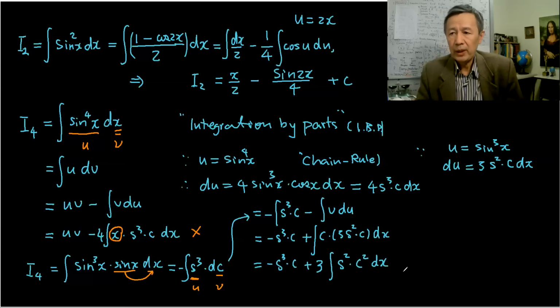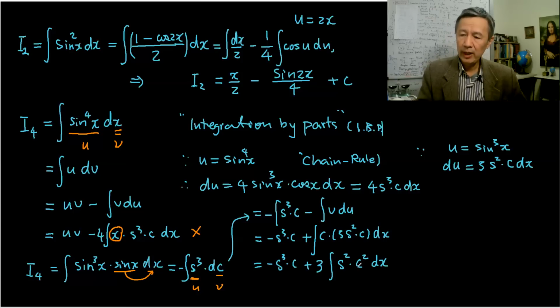Now, because we are dealing with the sine function, whenever we have a cosine function, we can always use the Pythagorean theorem to rewrite this formula in order to use S as the explicit variable. Of course, it's a complex function of x as well.